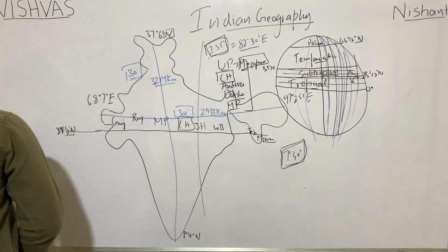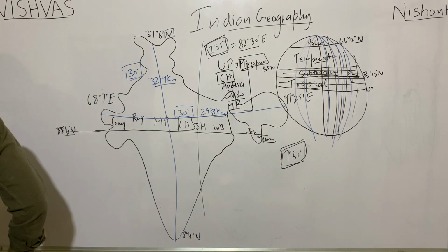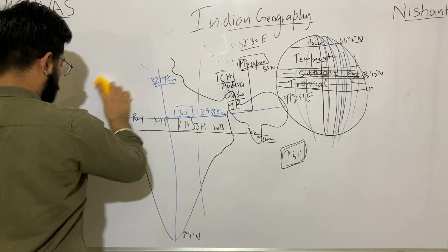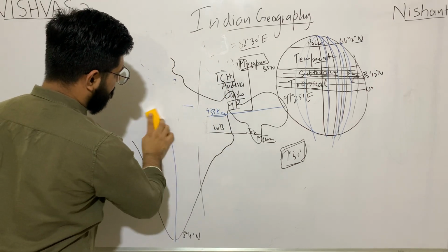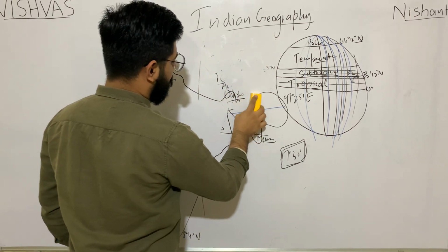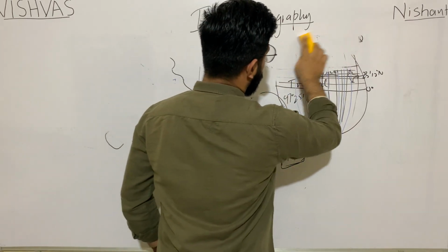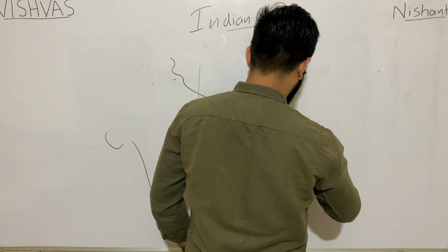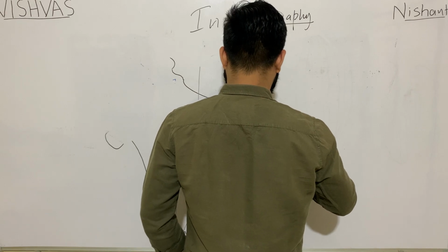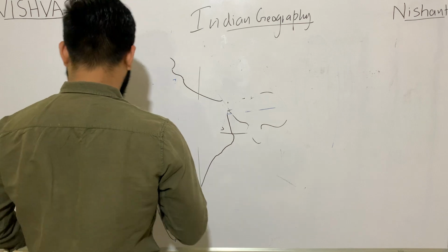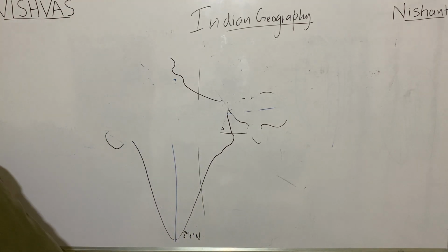Next. The next subtopic of Indian geography is coastal locations, or you can say oceanic proximity.